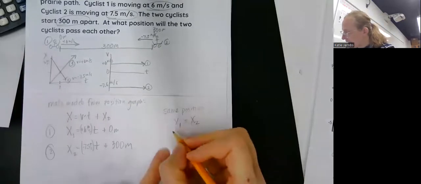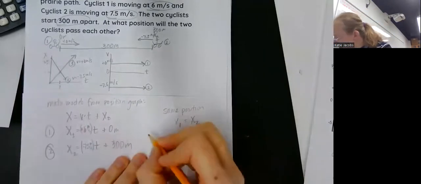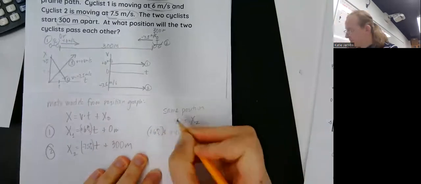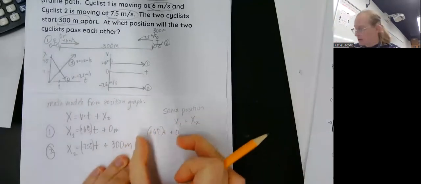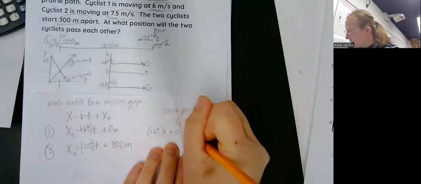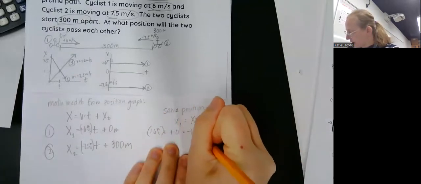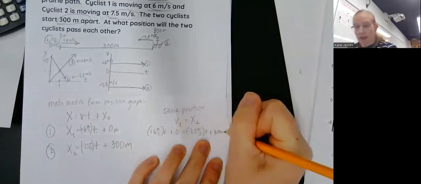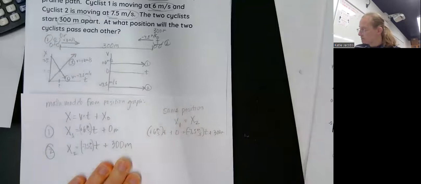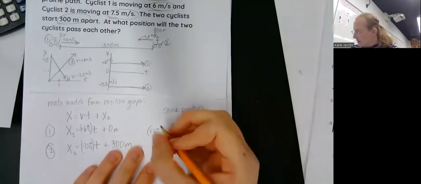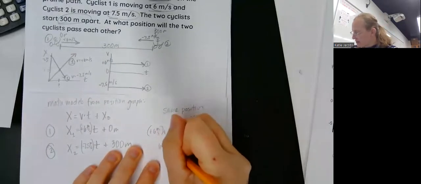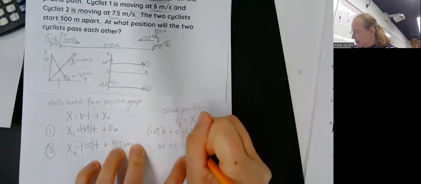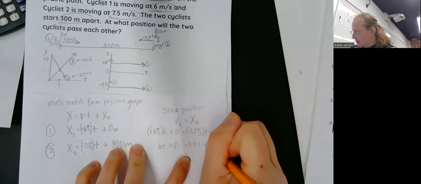So on the left-hand side, I'm going to place the positive 6 meters per second times t plus 0. That's the math model for cyclist 1, equal to negative 7.5 meters per second times t plus 300 meters for cyclist 2. At this point, I'm okay with you just leaving the units off, because sometimes it makes it easier to do the algebra.